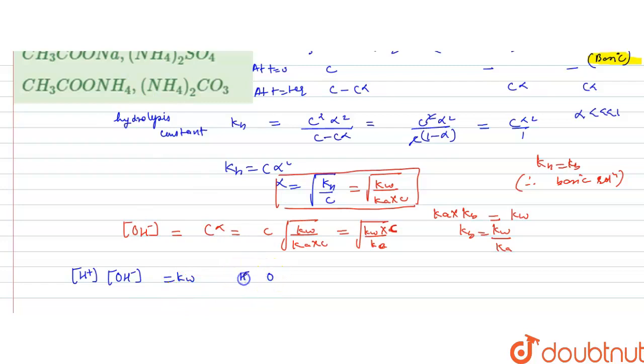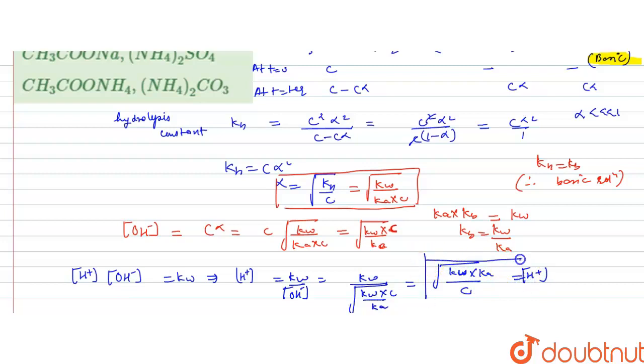So Kw upon this concentration, that is Kw into C divided by Ka, will be equal to under root Kw into Ka divided by C. So this is the H plus ion concentration.